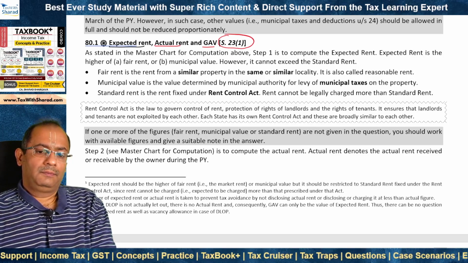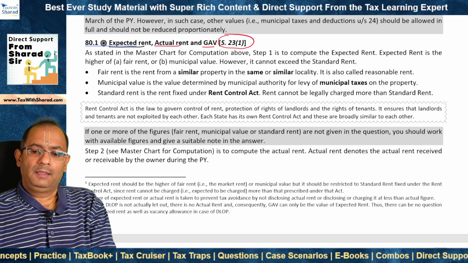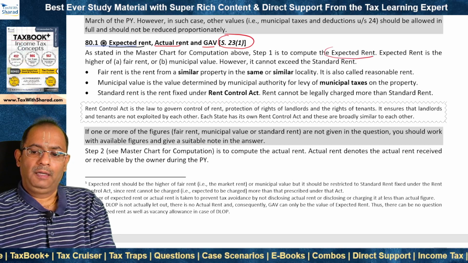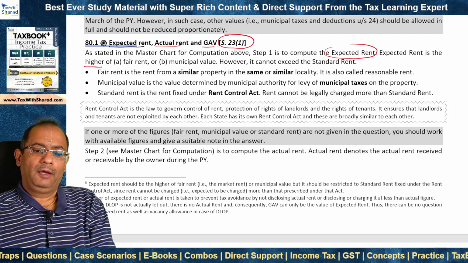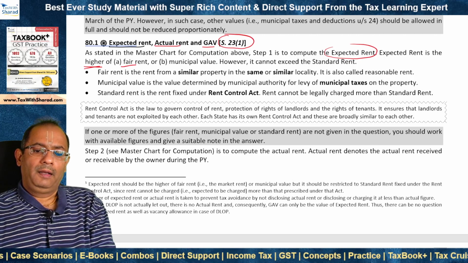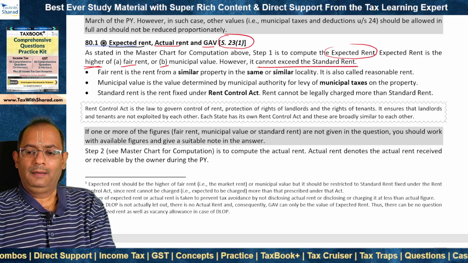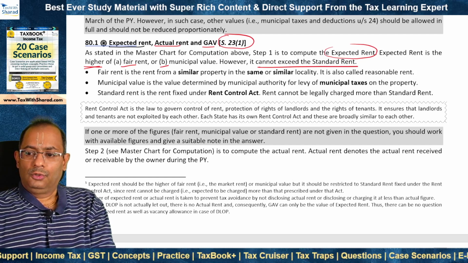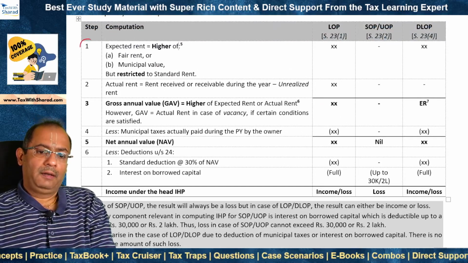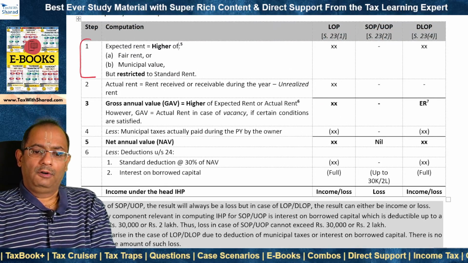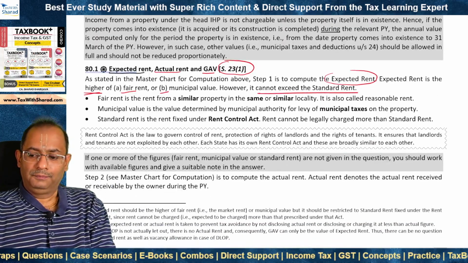As we saw in the master chart for computation above, step 1 is to compute the expected rent. Expected rent is the higher of A, fair rent, or B, municipal value. However, it cannot exceed the standard rent. So this is what we saw in the master chart: expected rent, which is the higher of fair rent or municipal value but is restricted to standard rent.